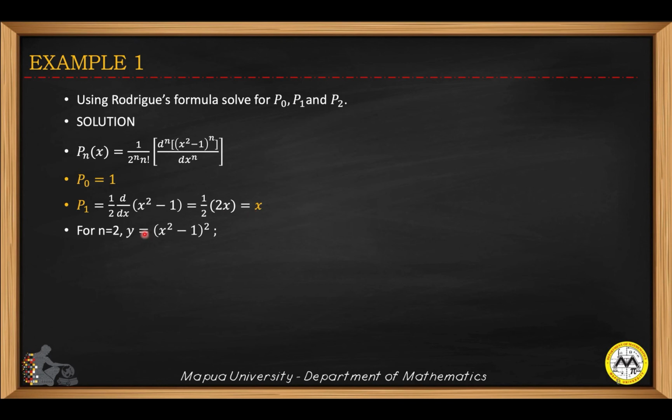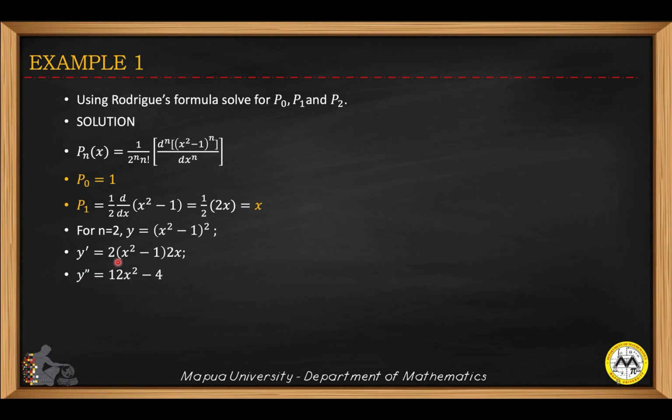When n is equal to 2, the quantity here is (x squared minus 1) raised to 2, and we evaluate the second derivative. By the power rule, the first derivative is 2 (x squared minus 1) times 2x, which is 4x cubed minus 4x.